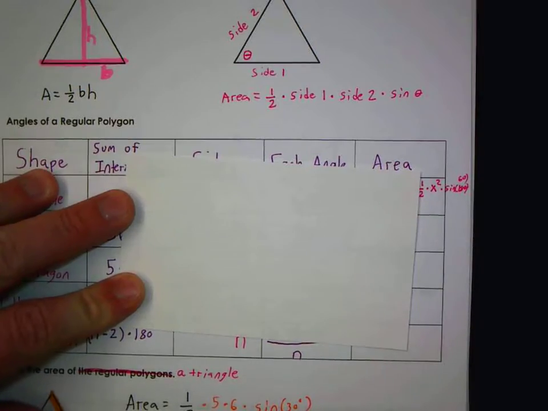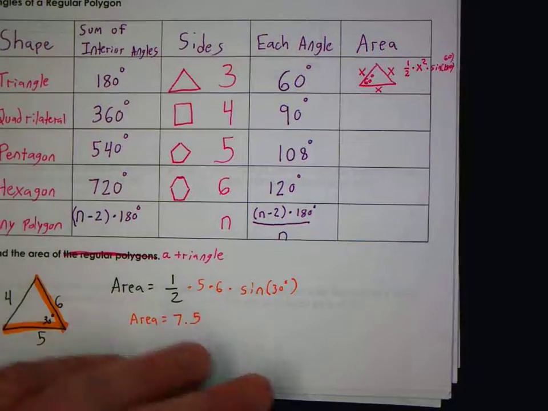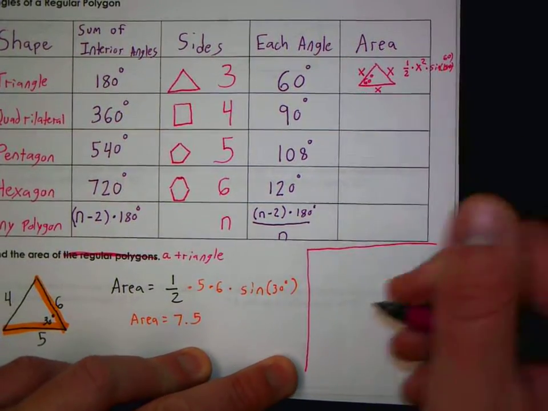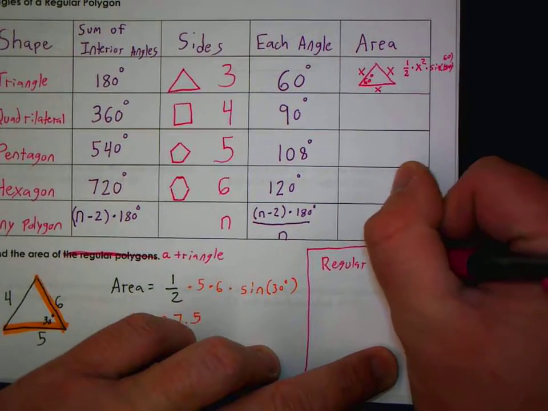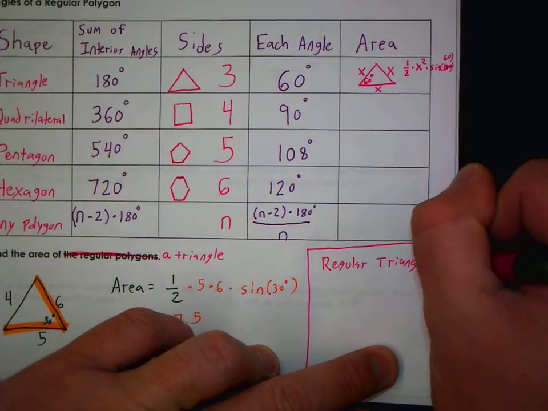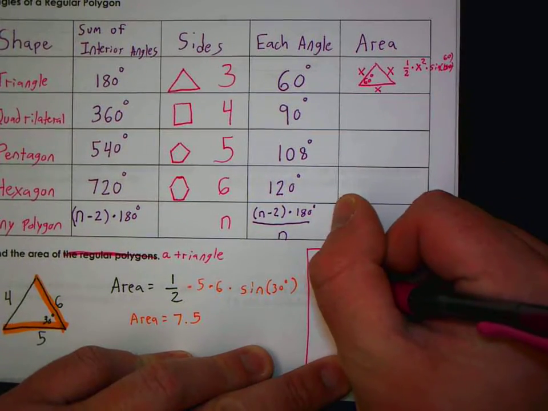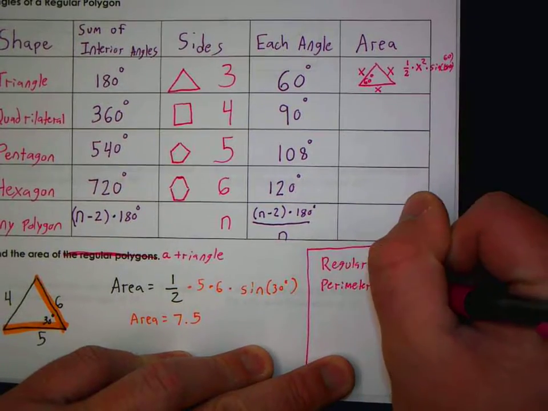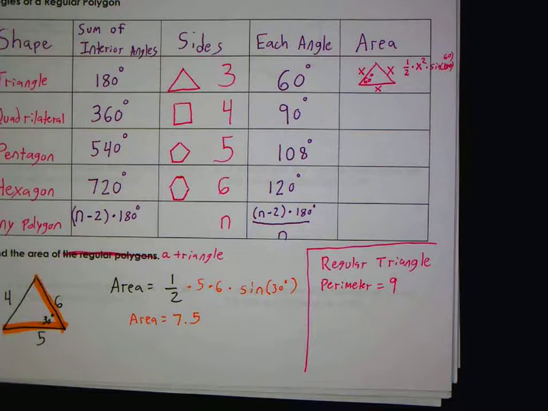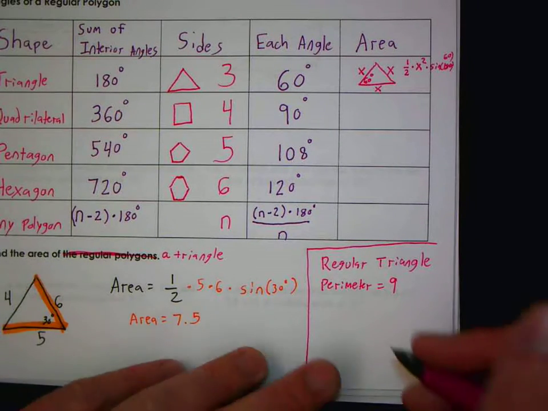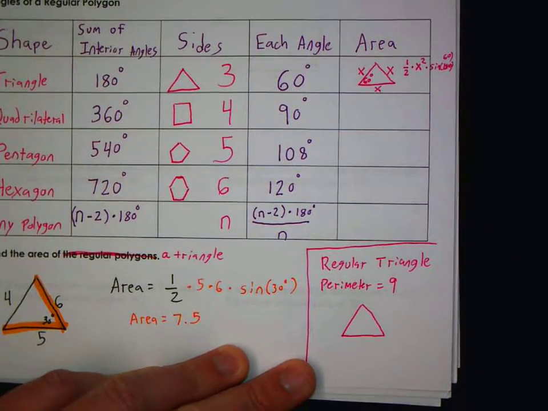Like, if I say you have a regular triangle, and I say the perimeter is 9, then you should be able to go, oh, if the perimeter is 9 and all sides are equal, then what would each side be?